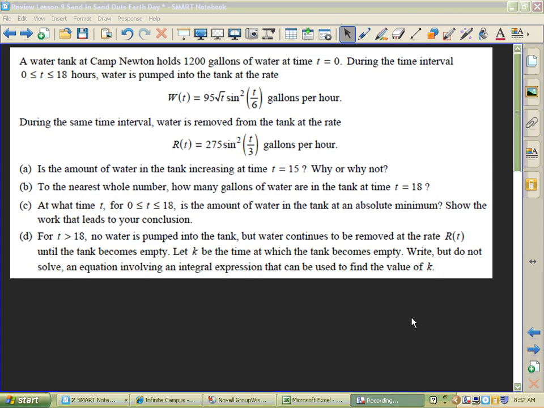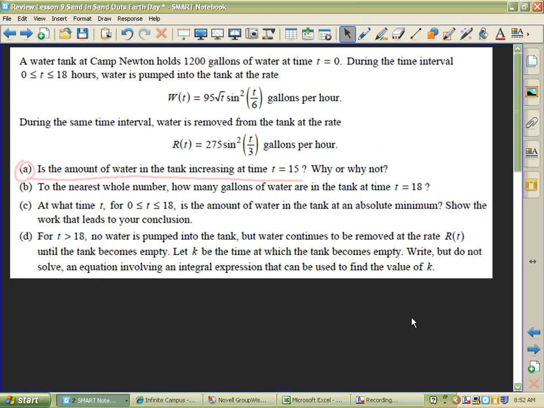So here it is. A water tank at Camp Newton holds 1,200 gallons of water when time starts. During the first 18 hours, water is pumped in at that rate. During the same time interval, water is removed at that rate. So I want to know, is the amount of water in the tank increasing when time is 15?